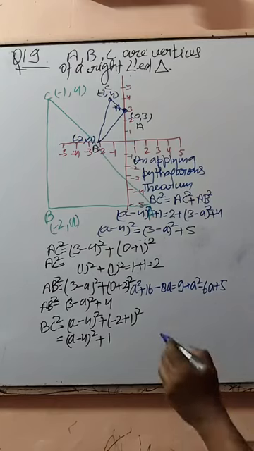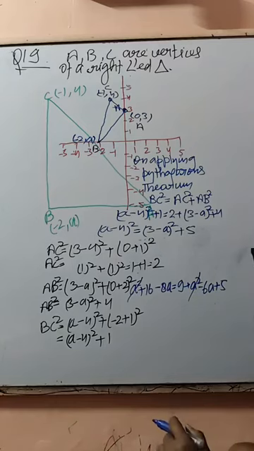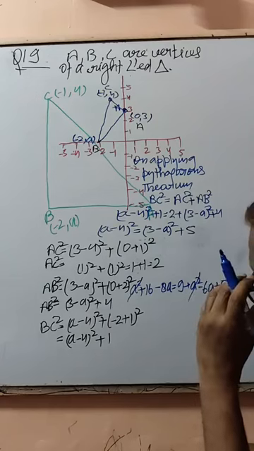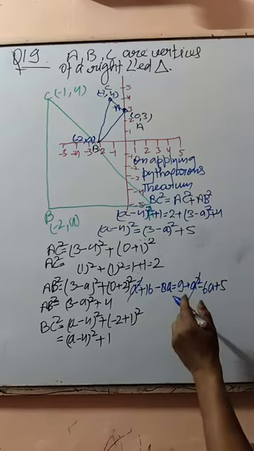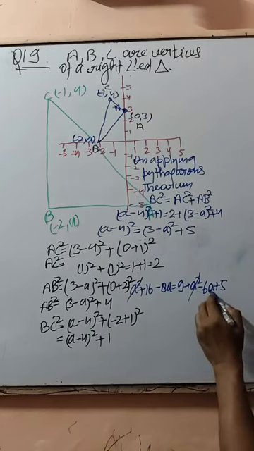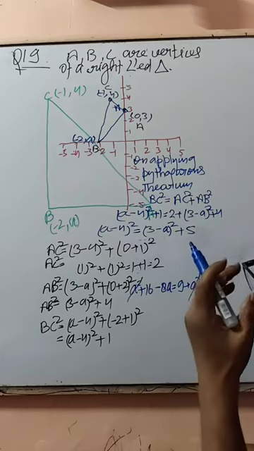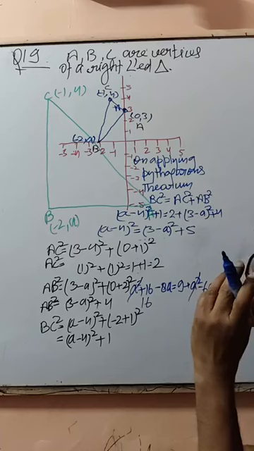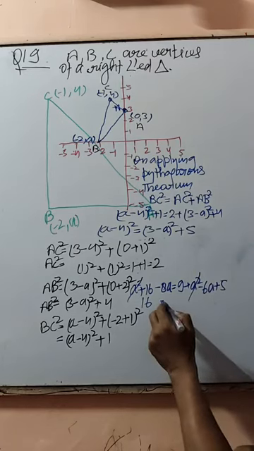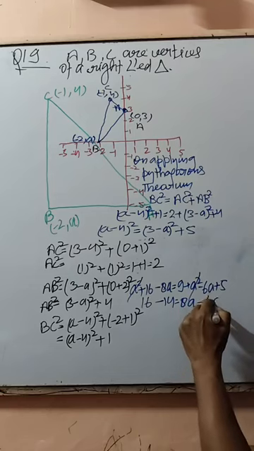Now this a square and a square are gone. Right? So 8a minus 6a, you bring this 8a on this side. And you bring this 9 plus 5, which becomes 14. So 16 minus 14 is equal to 8a minus 6a.